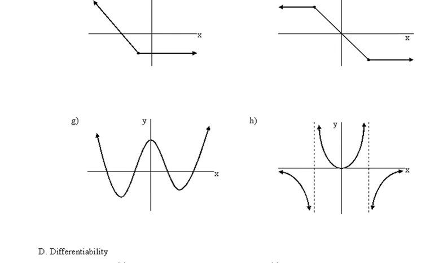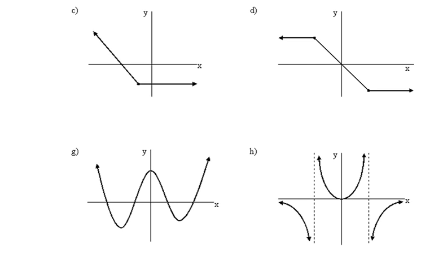Okay, we got some more graphs to do here. All right, class, I'm going to let you try question C. If you've been listening to me, I'm hoping that you'll be able to do this one. What I suggest is maybe write an actual slope for each part of the graph.